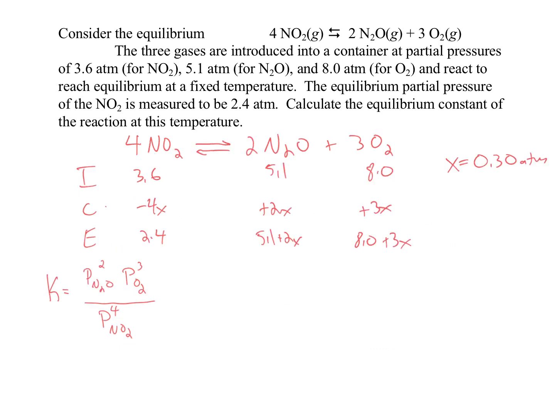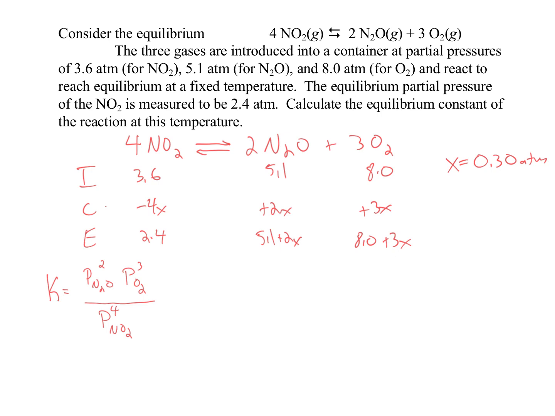Okay, so I've just rewritten a lot of the information that we had before, and when I've rewritten the K expression, I've used the correct pressures instead of concentrations like I was doing before. Doesn't really matter, but better to be more correct. So in the last slide, we found that X was 0.3. And so now I can use that to find the equilibrium concentrations, or in this case, the partial pressures for the N2O and the oxygen.